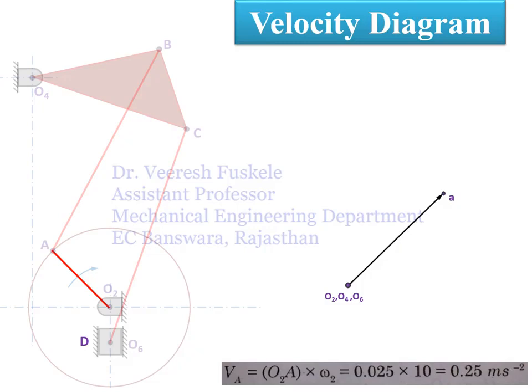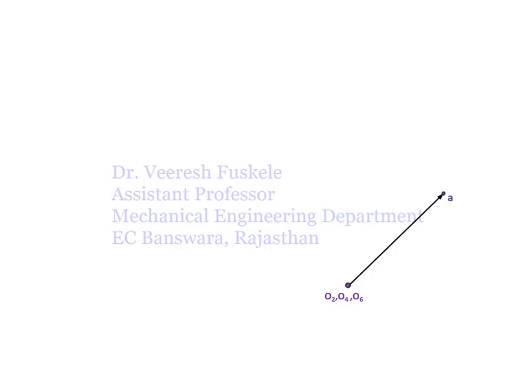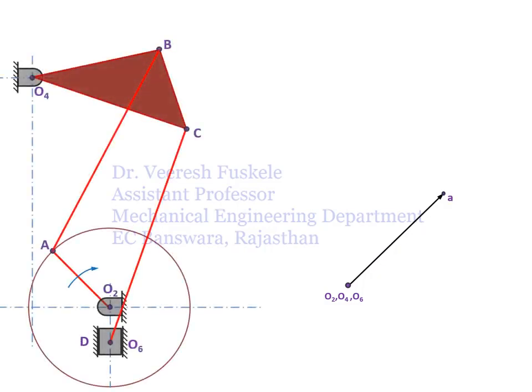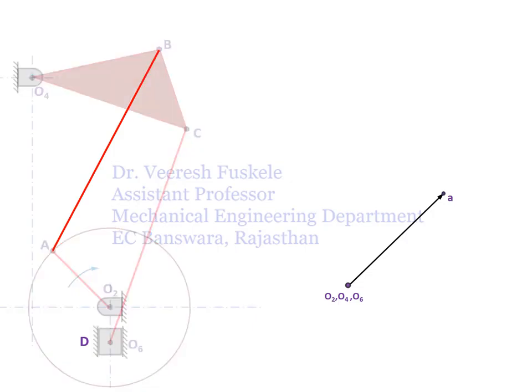Now to get the velocity of link AB or the point B, we draw the velocity of link AB by drawing a perpendicular to the link AB from point A in the velocity diagram as shown here.